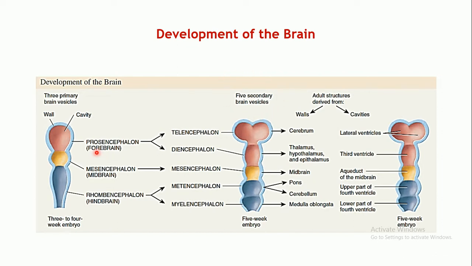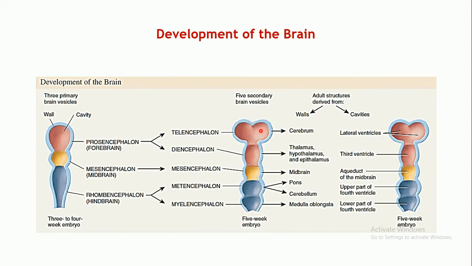As you can see, the prosencephalon has developed into 2 different vesicles, that is telencephalon and diencephalon. Mesencephalon remains the same, and the rhomboencephalon has developed into 2 secondary brain vesicles, that is the metencephalon and myelencephalon.